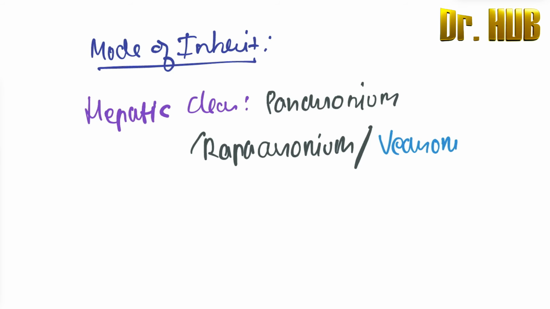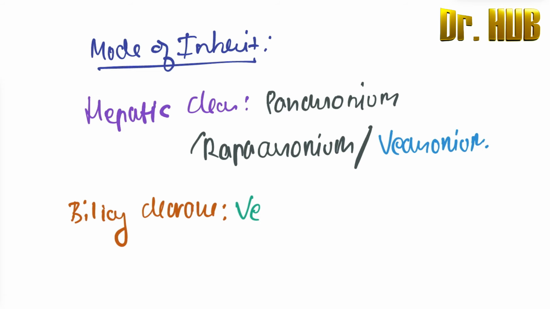Next is biliary clearance, which includes vecuronium as well as rocuronium.